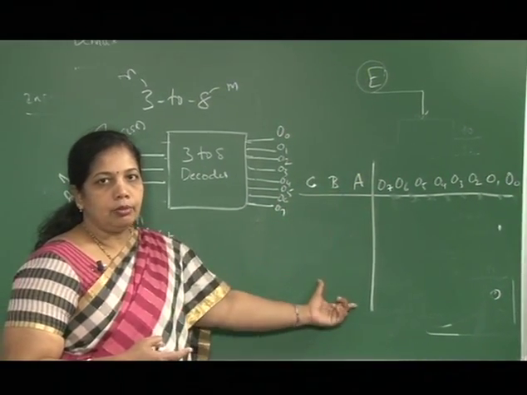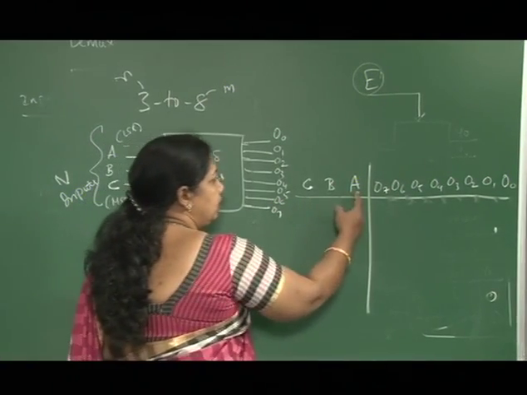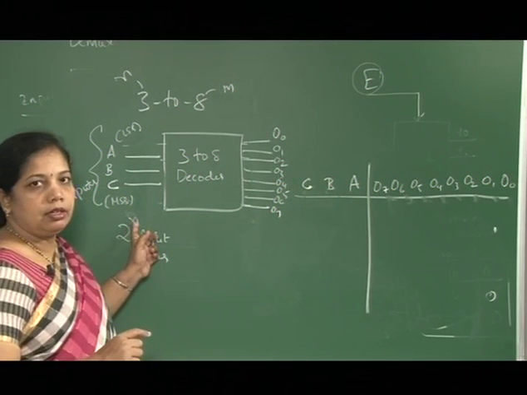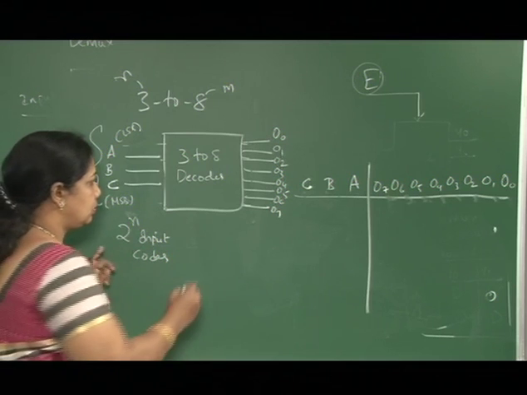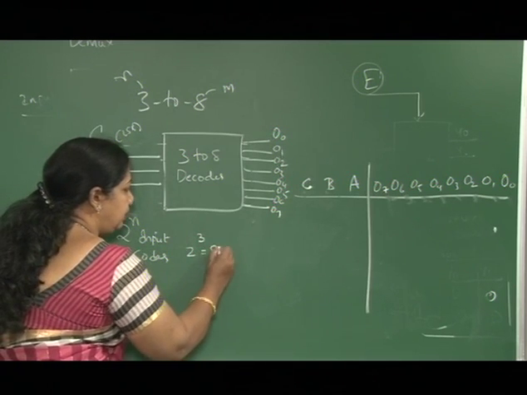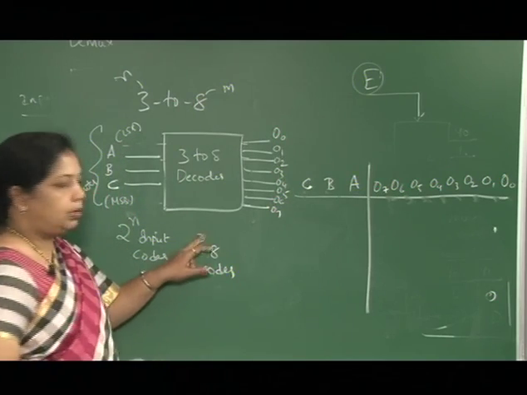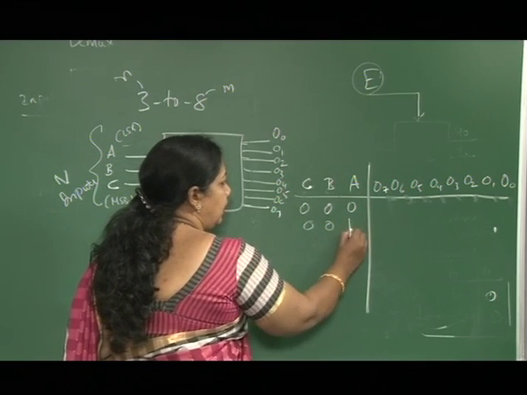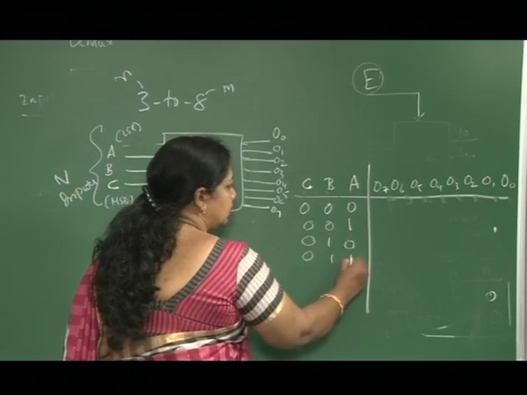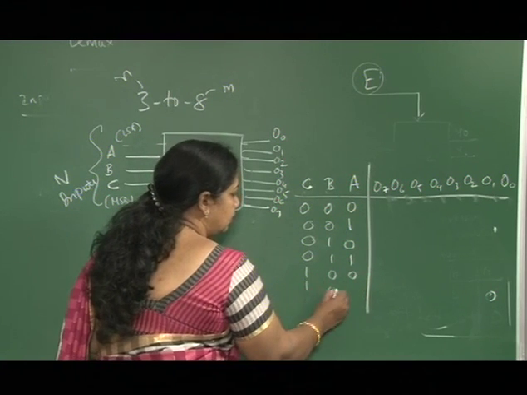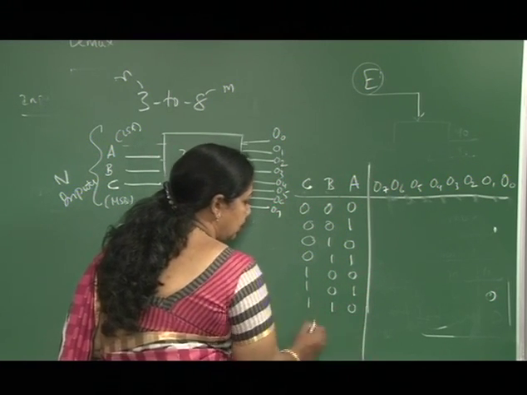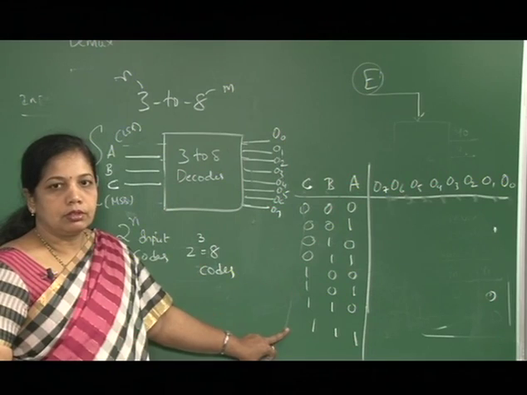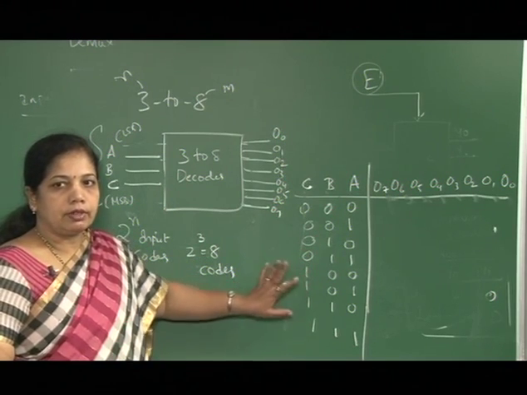So let me write the input combinations. Since we have 3 inputs, I am going to generate 2 power 3, that is 8 codes. The codes I am going to write here are 0, 1, 2, 3, 4, 5, 6 and 7.